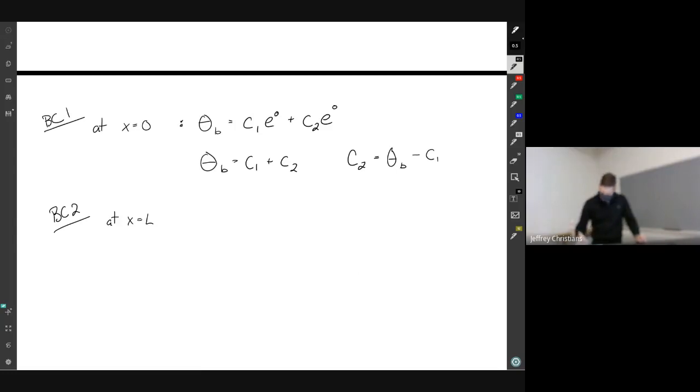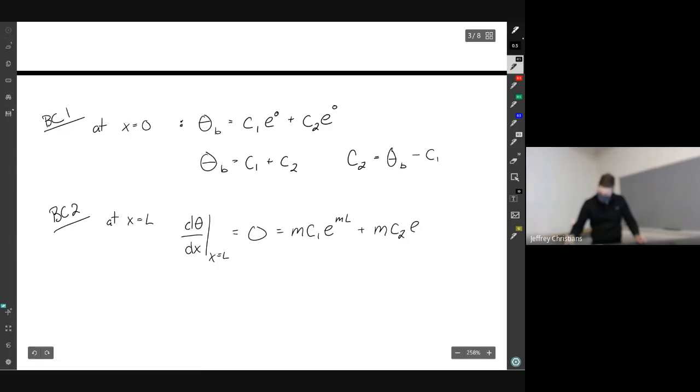So d theta dx evaluated at x equals L equals 0, which would be equal to, since we're taking the first derivative, m coming down, m c1 e to the mL plus m c2 e to the minus mL.